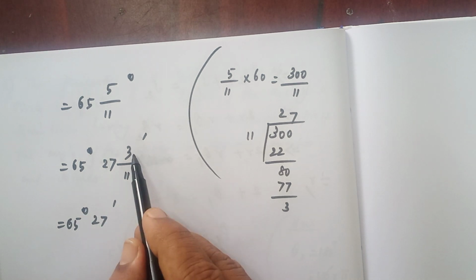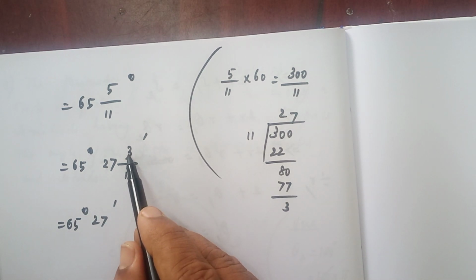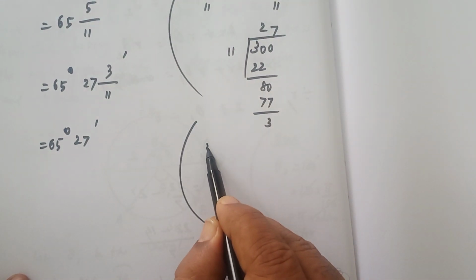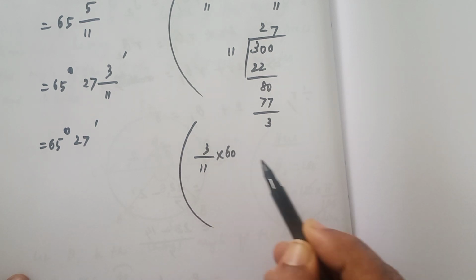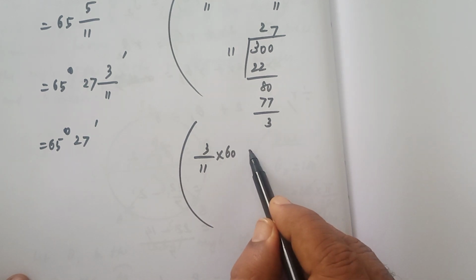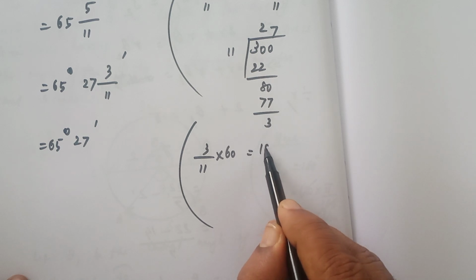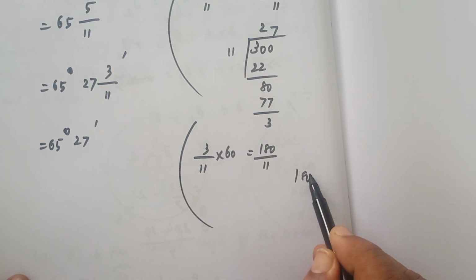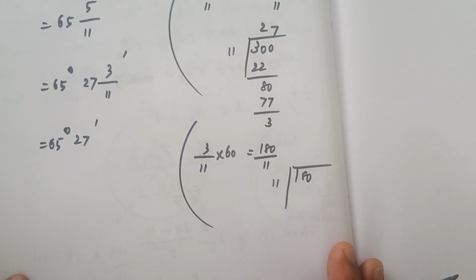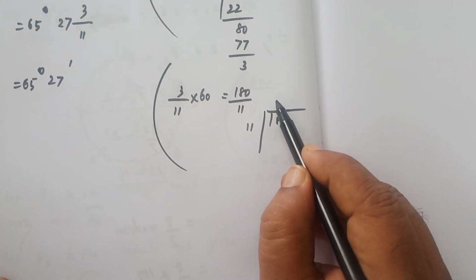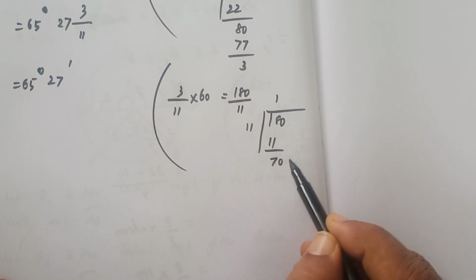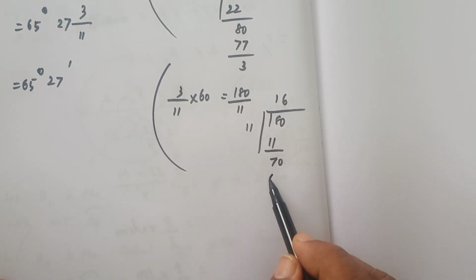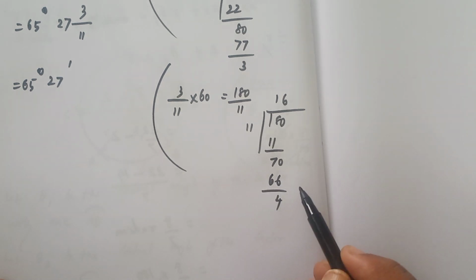Converting 3 by 11 minutes into seconds, 3 by 11 should be multiplied by 60. That is 3 into 60, 180 divided by 11. I do the calculation: 11 ones are 11, balance 7, 0, bring down 0. 11 sixes are 66, balance 4.